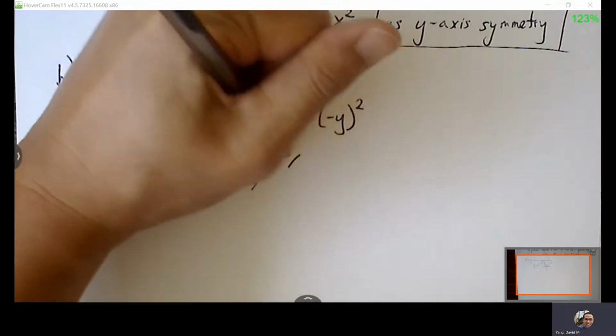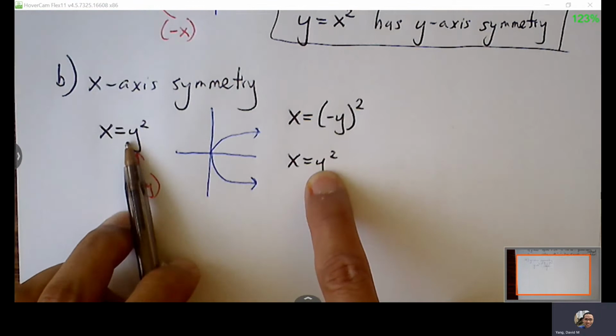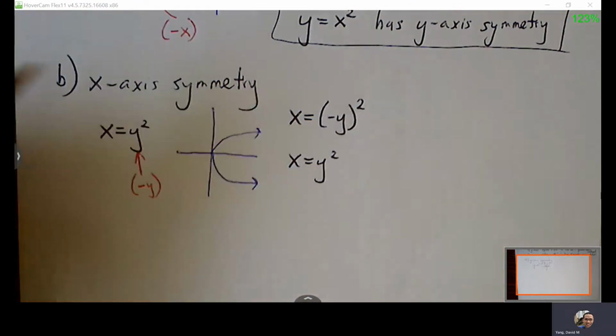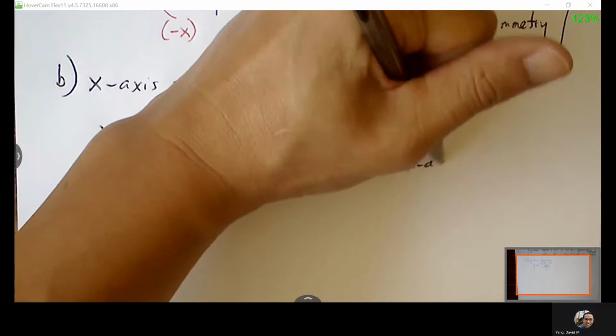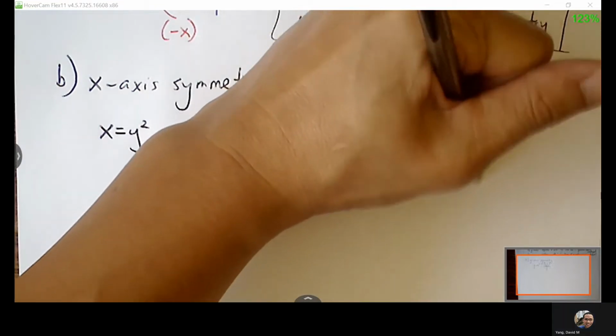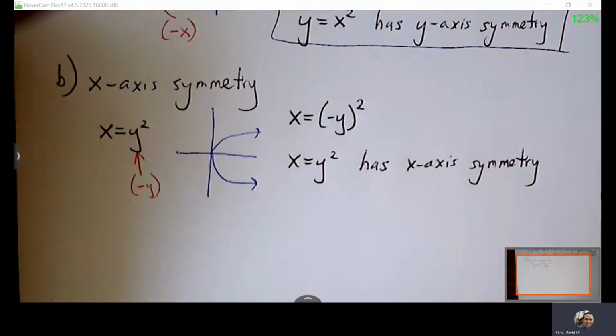It cleans up nicely. x equals y squared. We're back to our starting equation, no changes. So therefore, x-axis symmetry. Okay, so we see it from an algebraic perspective. We also see it from a visual perspective.